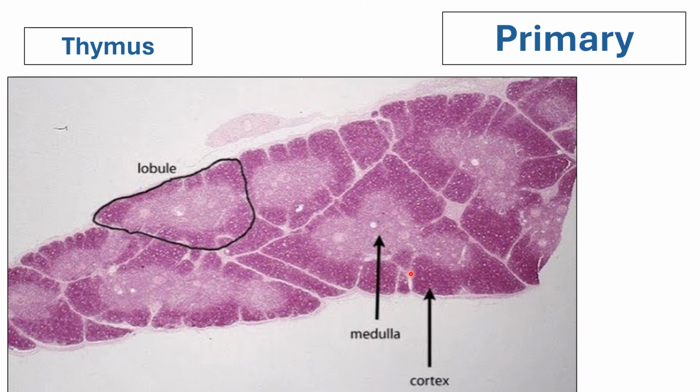And if they pass this test, they are then delegated into the medullary area, where they will eventually be sent their way into the other secondary organs. So as you can see, only a small fraction of the cells in the cortex will pass this test because if they don't pass it, they will just be destroyed by the cortical cells.